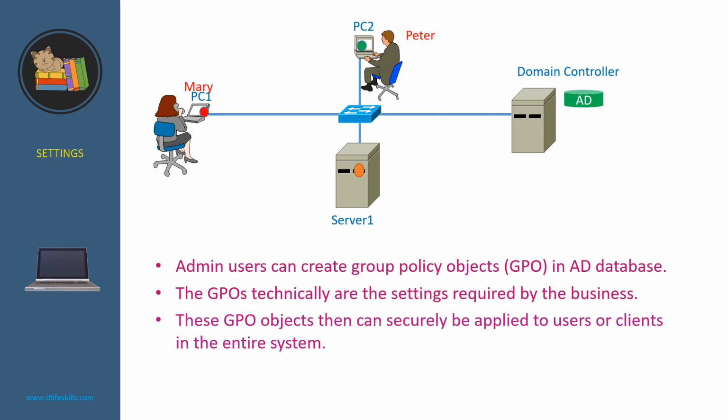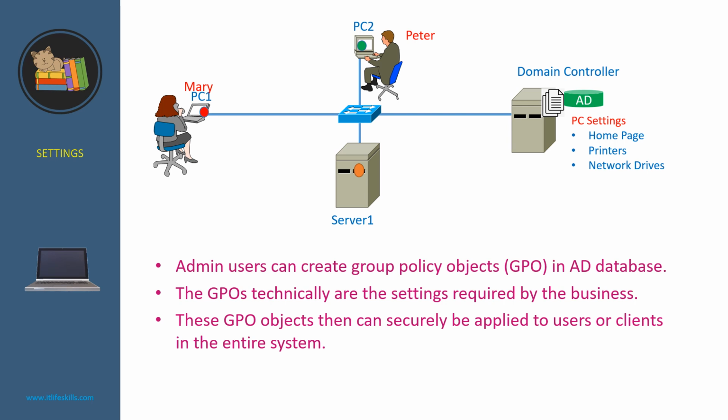These GPO objects then can securely be applied to users or clients in the entire system. So in this Active Directory environment, we can create a group policy for PCs with the name PC settings that sets the homepage, printers, and network drive, and we can assign the PC settings to all the clients in the system.